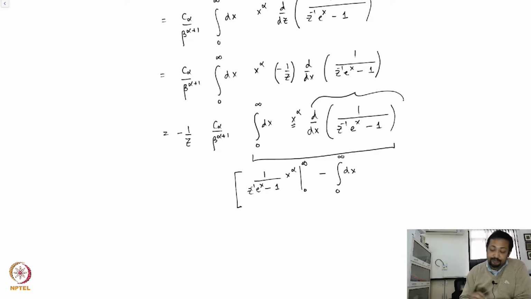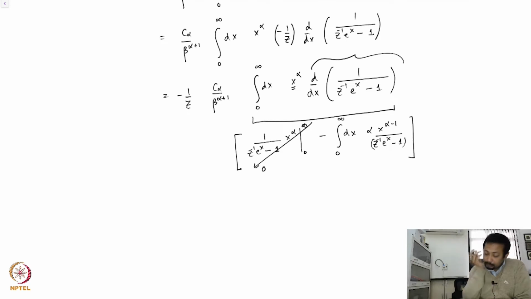A derivative of this is alpha x to the power alpha minus 1, and then I have z inverse e to the power x minus 1. This vanishes in both the limits. When x is equal to 0, you have it identically 0. When x is equal to infinity, the exponential blows up, and this also vanishes.